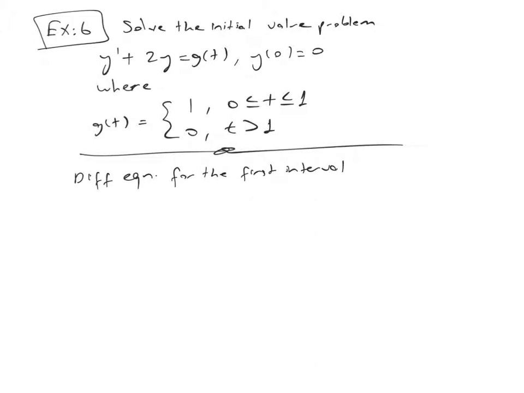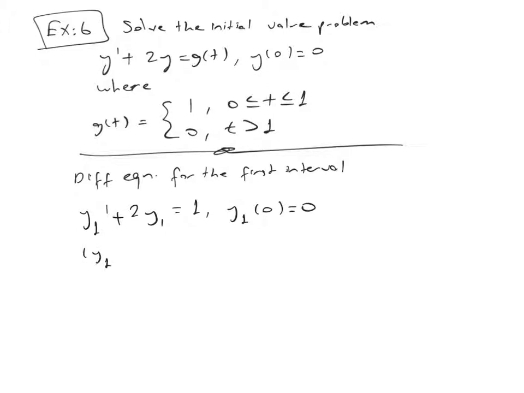In the first interval, g of t is equal to 1. So y1 prime plus 2y1 is equal to 1, where y1 of 0 is equal to 0.